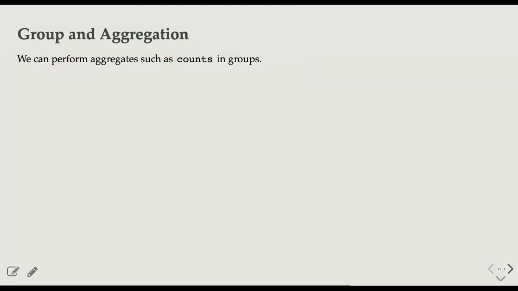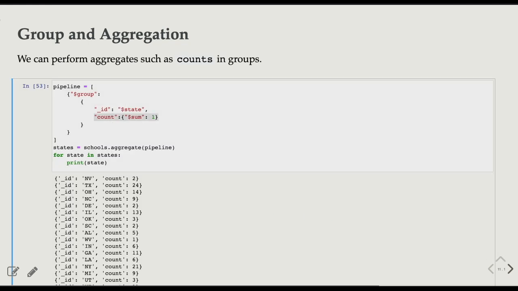In MongoDB, there is also a powerful feature to aggregate. For example, you can put data in different groups and run statistics within each group. So this kind of aggregate function is very useful for data analytics and filtering.